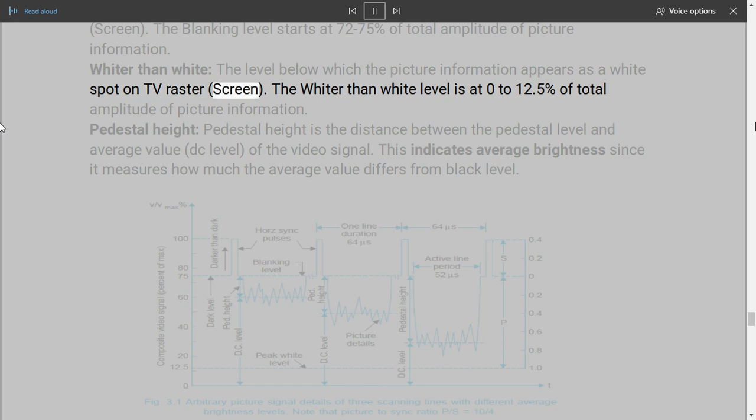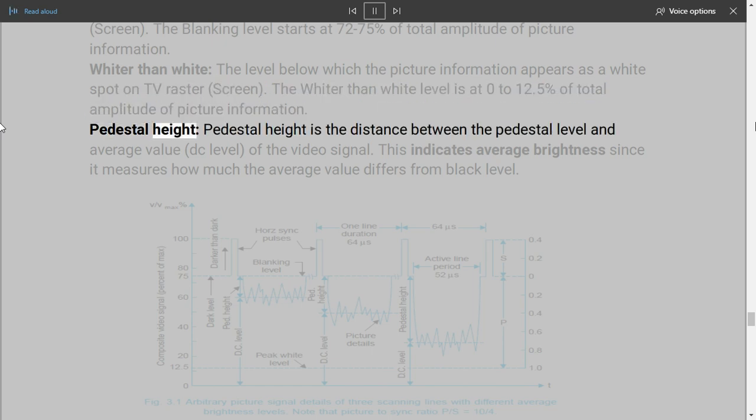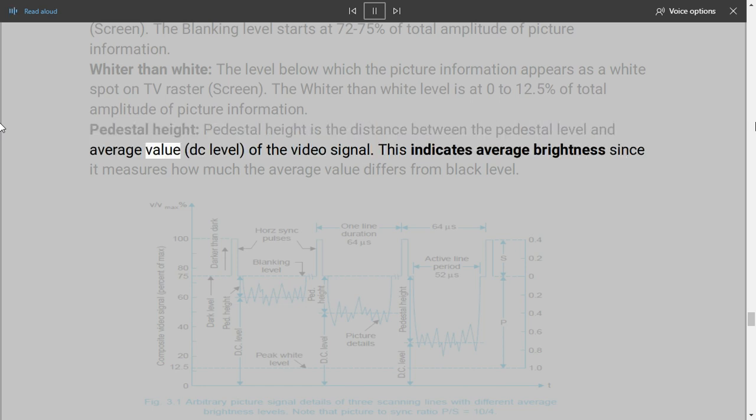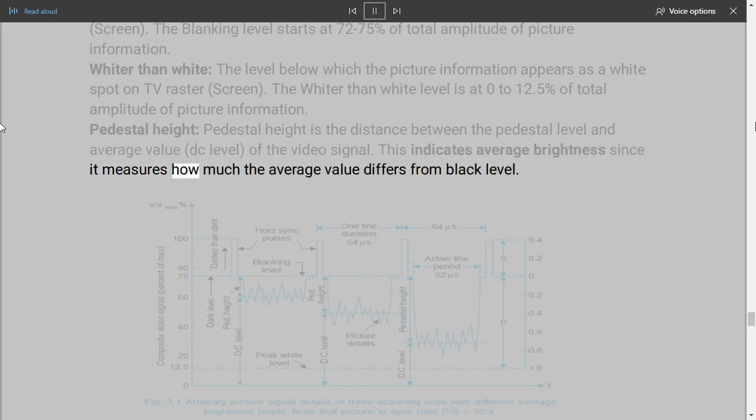The whiter than white level is at 0 to 12.5% of the total amplitude of picture information. Pedestal height: the distance between the pedestal level and the average value, the DC level, of the video signal. This indicates average brightness since it measures how much the average value differs from black level.